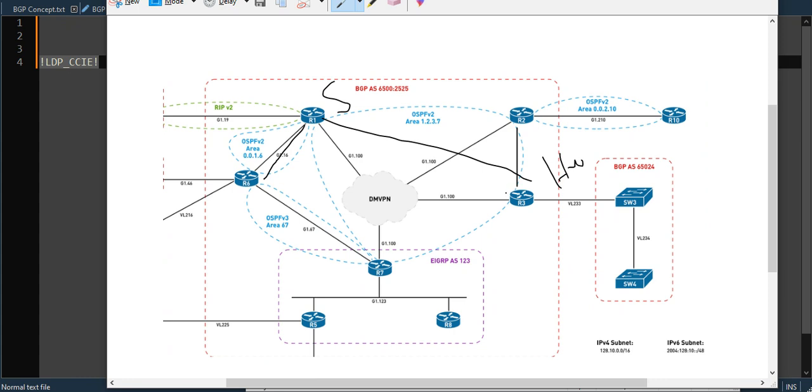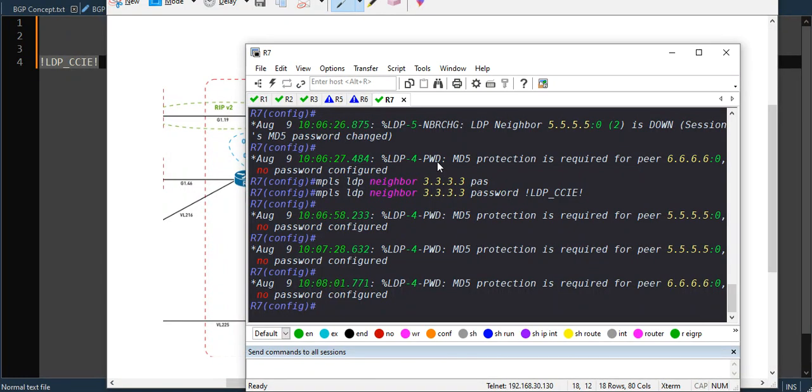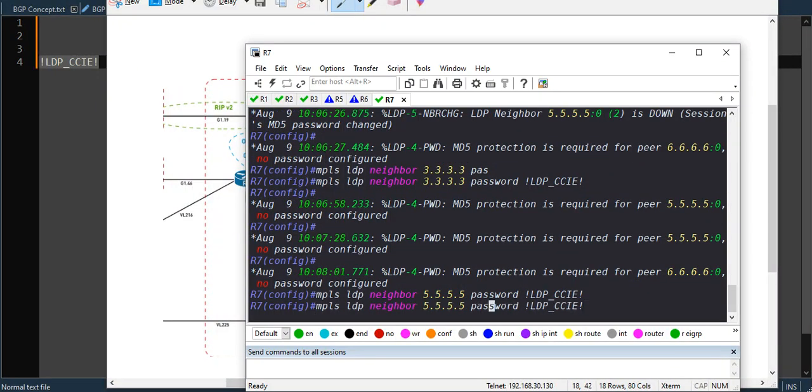Here I have configured three neighbors on R3: one toward R2, toward R7, and toward R1. On R7 I have to configure another neighbor, one for R5 and one for R6.